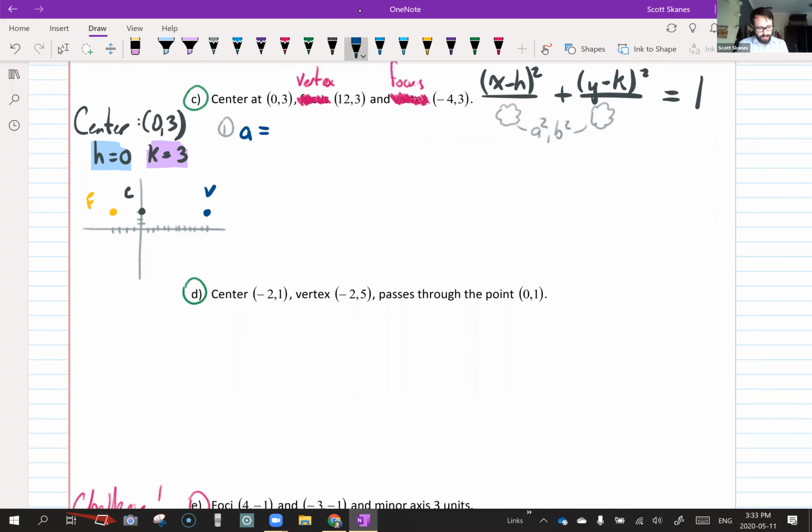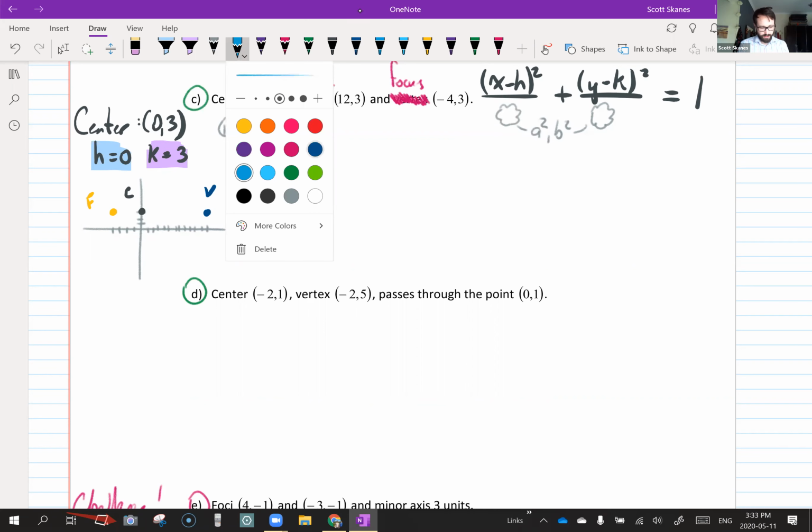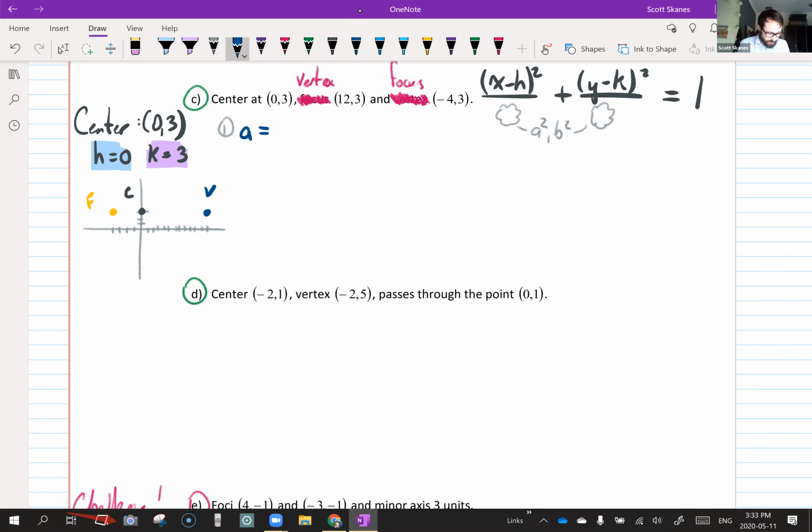We know from this diagram, or I know from the diagram, and I hope you'll learn, A is this distance. Okay, it shouldn't be a snake, my bad. A is this distance. A in this case was 12. If you look at the diagram, from 0 to 12 is 12. So A is 12.